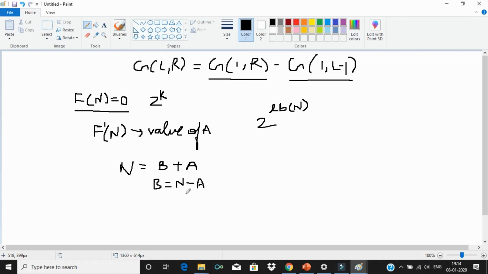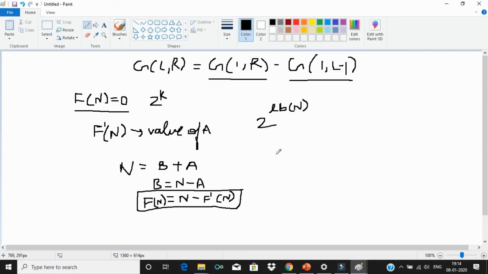That means b is n minus f dash of n, or you can say f of n is equal to n minus f dash of n. So this is how we can represent f of n.